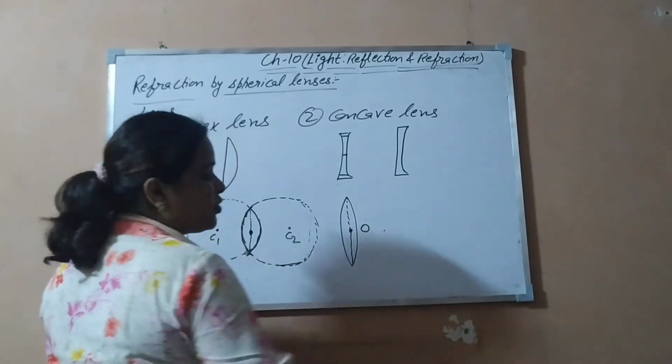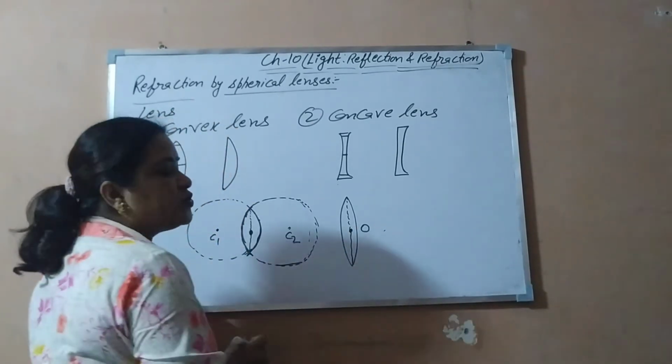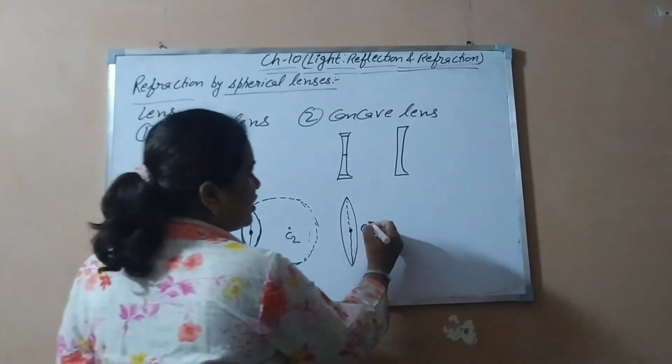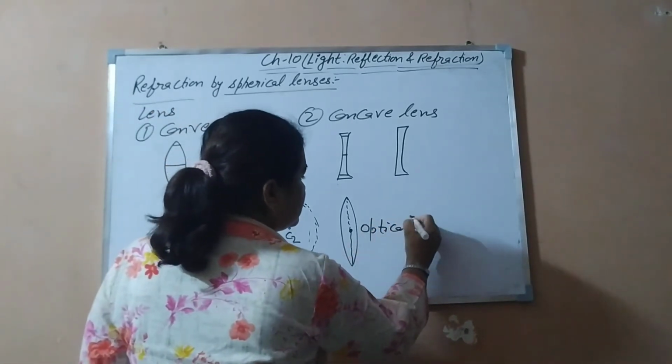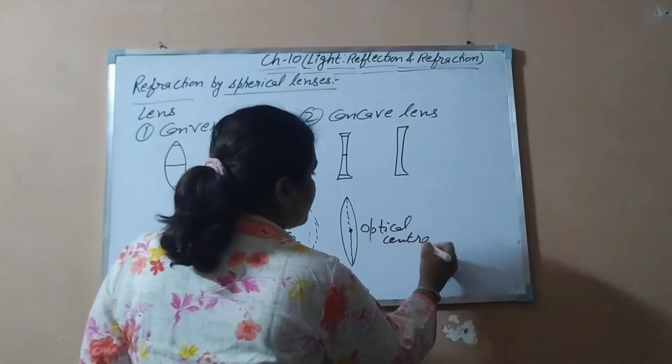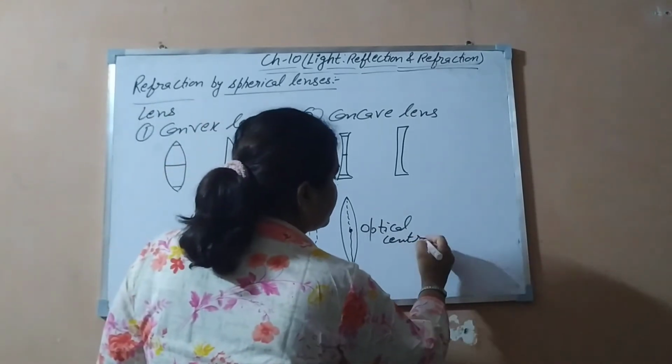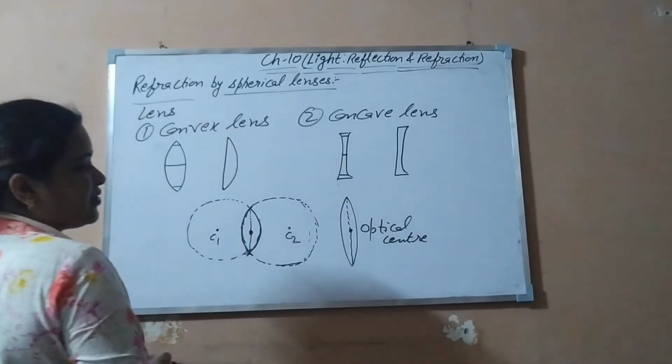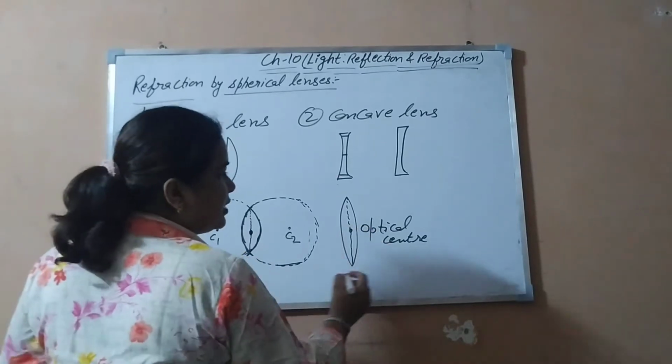In the NCERT book it is mostly given as O. So this O is known as the optical center. What is the optical center? The center point on the refracting surface of a lens is known as the optical center.